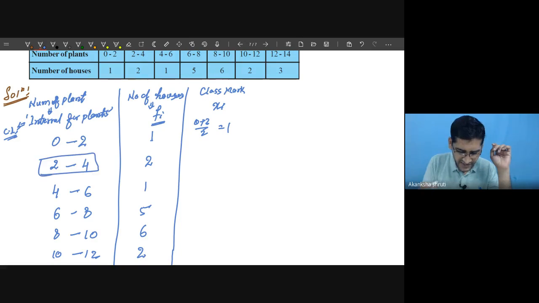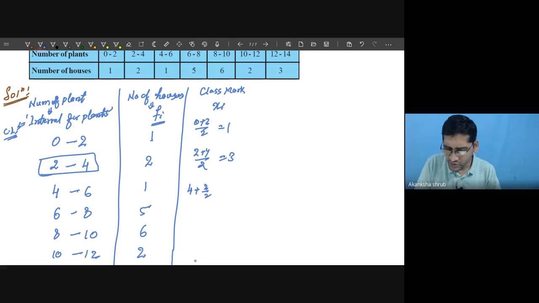For this class interval, how is it obtained? Either 2 plus 4 by 2, it is 3. Or you may take the gap, which is only 2, so 2 by 2 is 1, and 2 plus 1 is 3. Here you may calculate like 4 plus the gap 2 by 2. I have calculated this way.